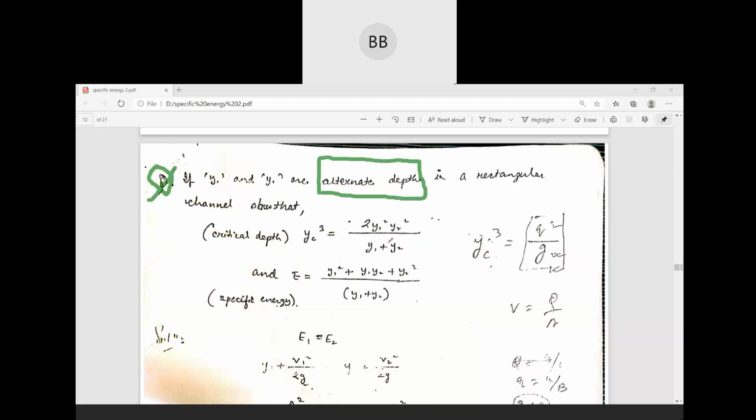Write the question: if y1 and y2 are alternate depths in a rectangular channel, then the critical depth, that is yc cube, is equal to twice y1 square y2 square divided by y1 plus y2. So this we have to prove, and the second part of the question is we have to prove for specific energy also, that it is y1 square plus y1 y2 plus y2 square divided by y1 plus y2.